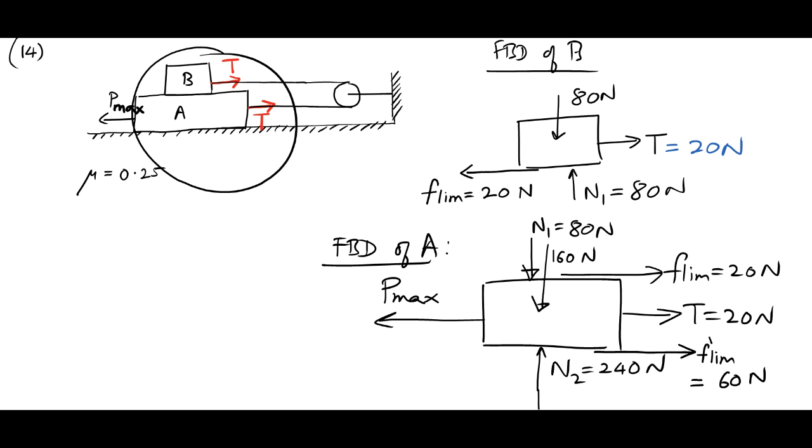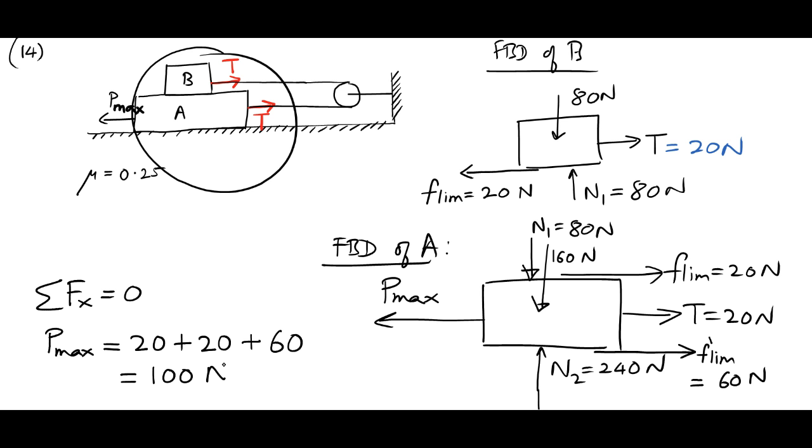Now just apply the equation sigma Fx equal to 0 to block A, and what you get is the leftward force P max must equal the rightward force. So F limiting at the top, that's 20 newtons, plus the tension 20 newtons, plus F dash limiting at the bottom, that's 60 newtons. So the answer is 100 newtons.